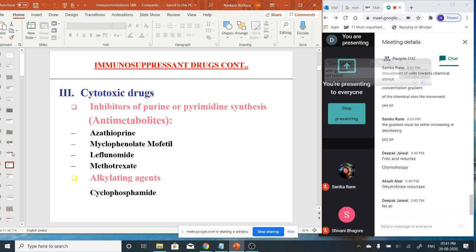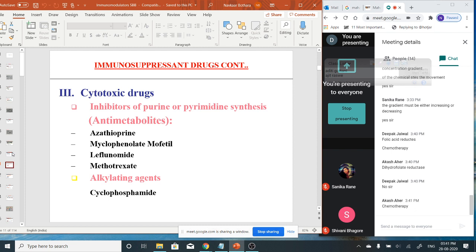Where did you read this dihydrofolate reductase? Very good. So I should be proud of your batch. Before we plan about chemotherapy, you are almost in the finishing stages.